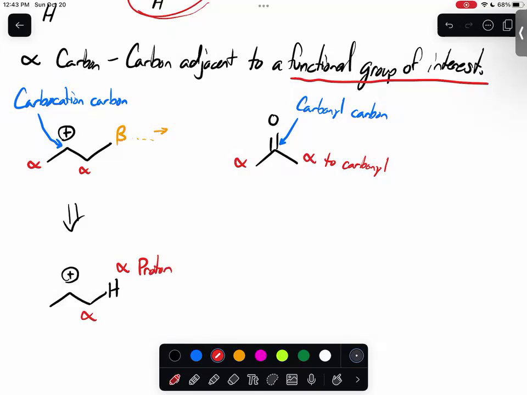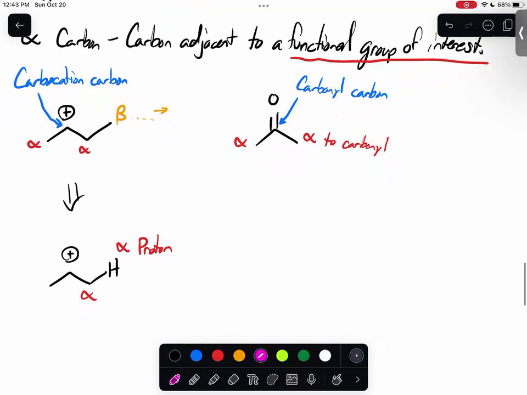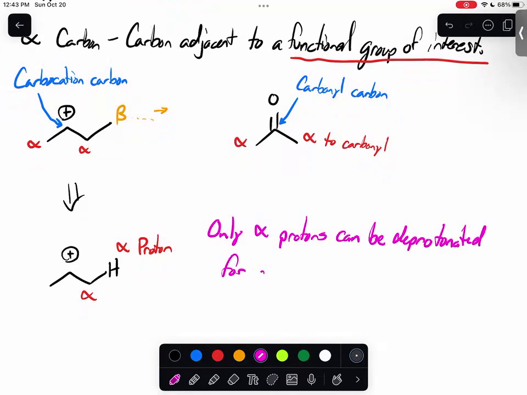Anything attached to that carbon technically inherits the name alpha. And what we see with E1 reactions is that only alpha protons can be deprotonated for an elimination reaction.